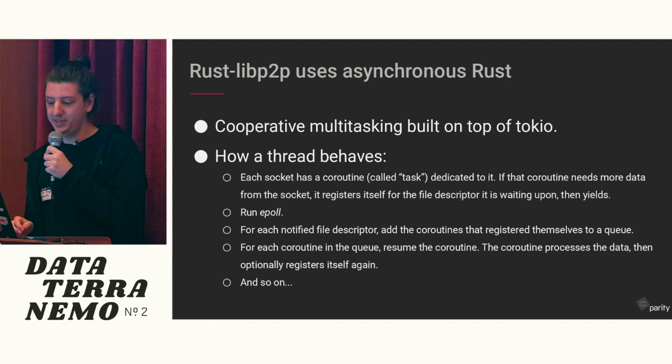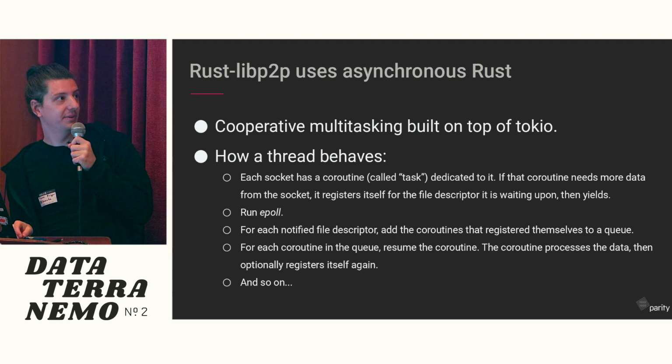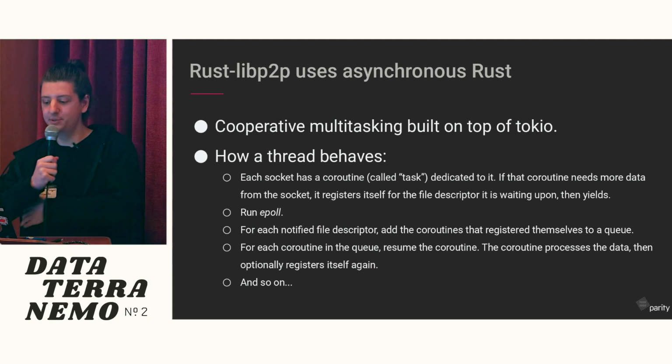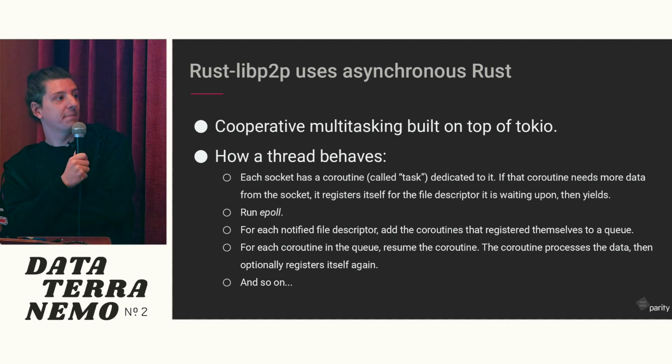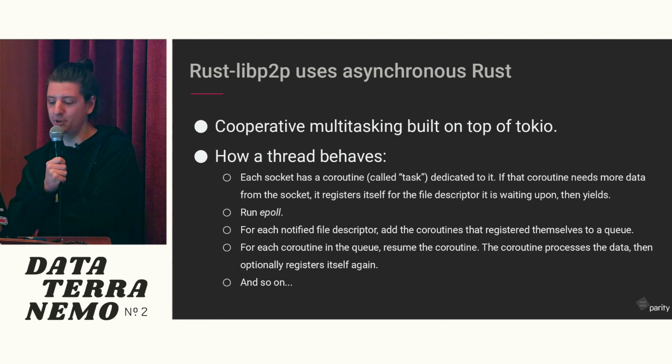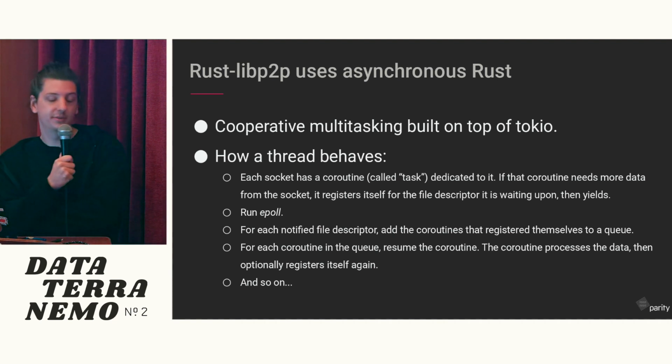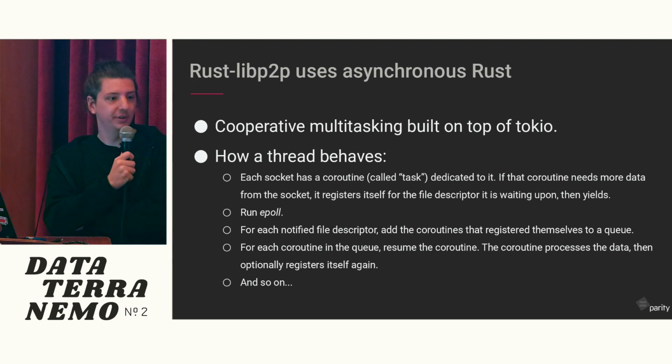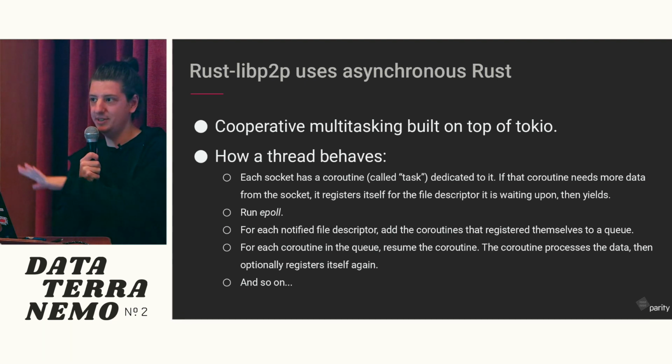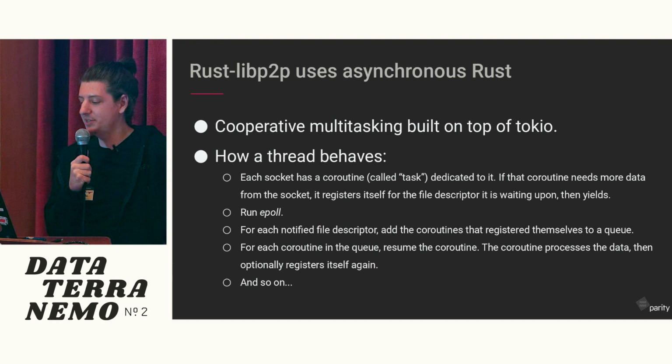Rust DP2P uses asynchronous Rust, so I'm going to explain briefly how asynchronous Rust works. The main library for that is named Tokio. It's what handles networking and task handling. Here is how your thread behaves. First of all, each socket, each connection to a remote, has its own task, which is a coroutine.